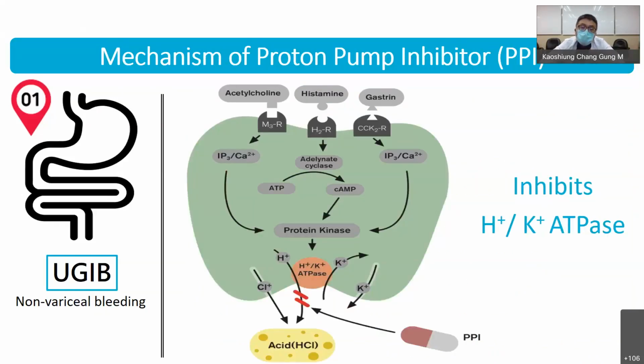So the most useful medication for peptic ulcer disease is anti-acid agents. Nowadays, the most commonly used medications are H2 blockers and proton pump inhibitors. Both kinds of these agents inhibit acid secretion in our stomach.